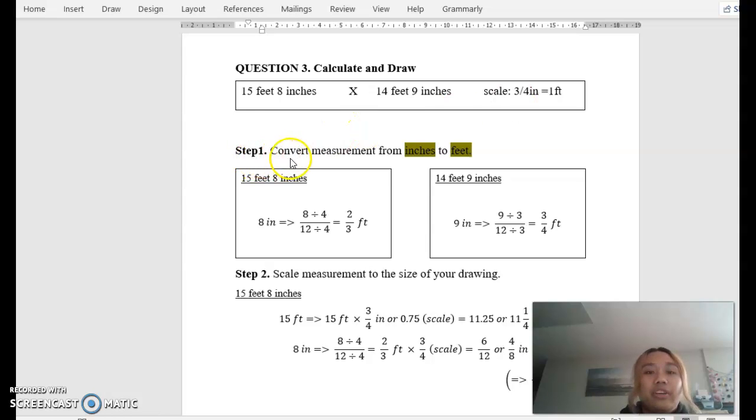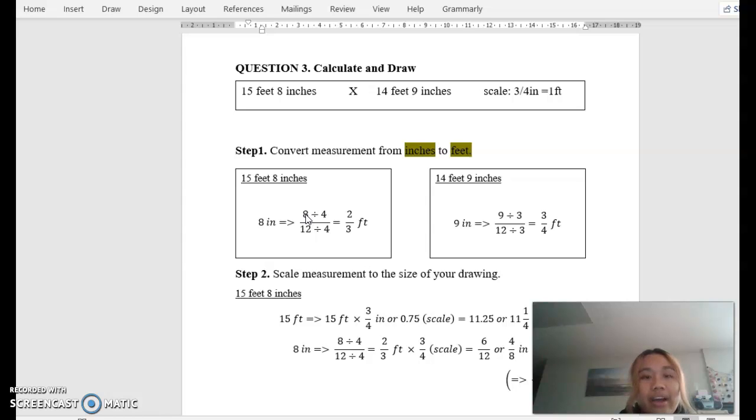Step 1 is to convert measurement from inches to feet. Let's do the first computation, which is 15 feet 8 inches. Since 15 feet is already in feet, we only need to convert 8 inches into feet. So 8 inches is equal to 8 over 12. Where did I get the 12? There are 12 inches in 1 foot.